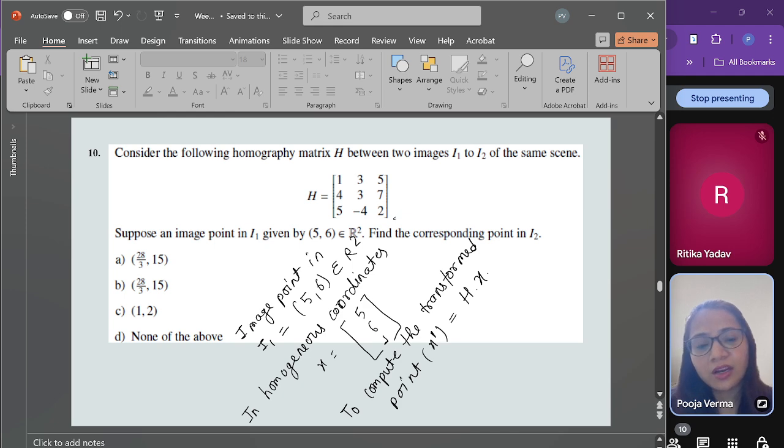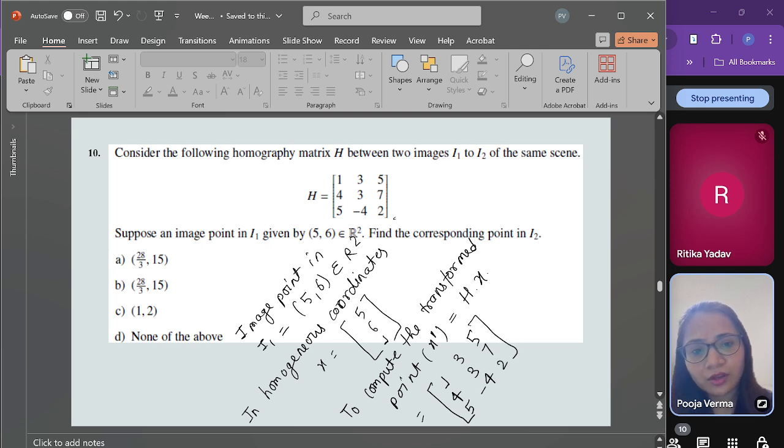First we need to convert it into homogeneous space by adding 1. The transformation matrix is given: 1, 3, 5, 4, 3, 7, 5, minus 4, 2, and the corresponding homogeneous coordinate of image I1 is 5, 6, 1.